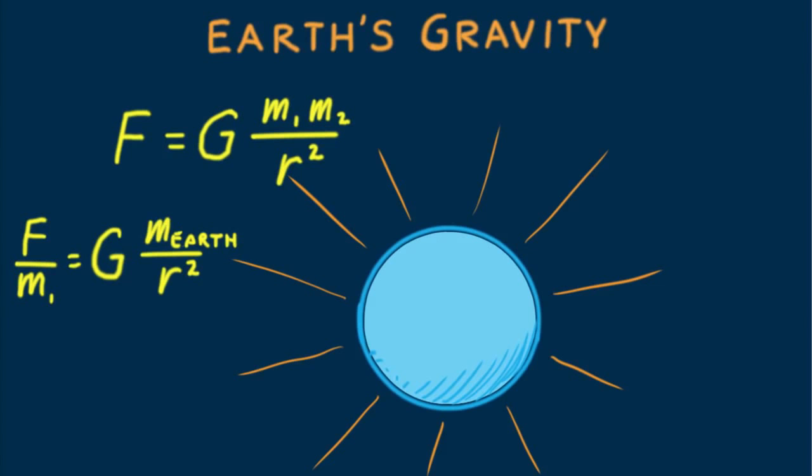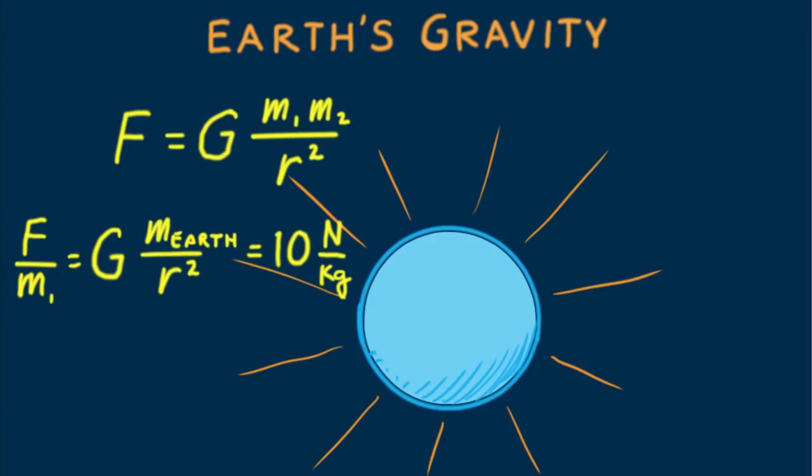Now here's the interesting part. Recall from previous lessons that F over m is Newton's second law for acceleration, and that the acceleration due to gravity at Earth's surface is 10 meters per second squared. If we plug Earth's mass and its radius and the gravitational constant G into this equation, we get 10 newtons per kilogram, or more precisely 9.8 newtons per kilogram.